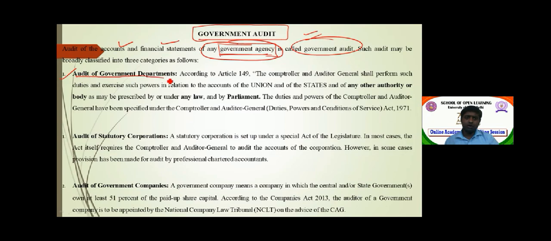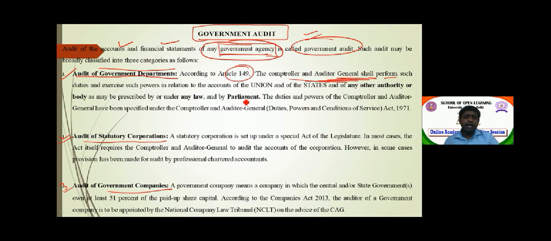First is audit of government department, second is audit of statutory corporations, and third is the audit of government companies. So what this audit of government department is all about, basically as per Article 149, the Comptroller and Auditor General is required to perform those duties and responsibilities that are given to that person by the act of the parliament.